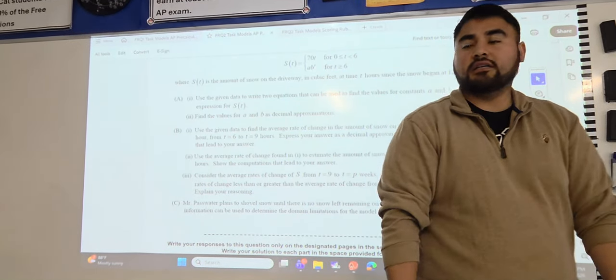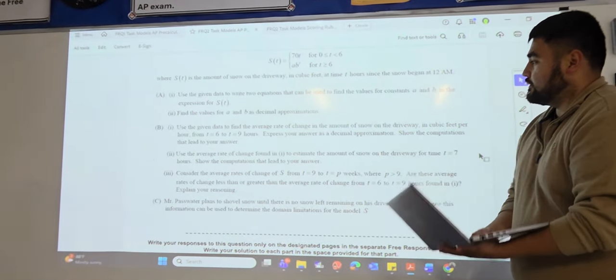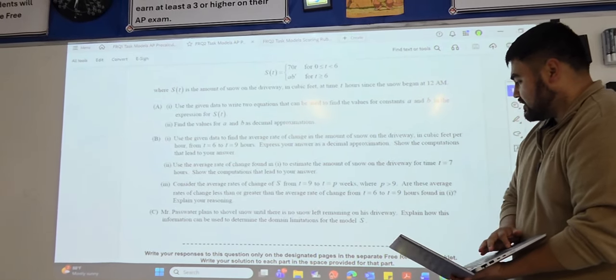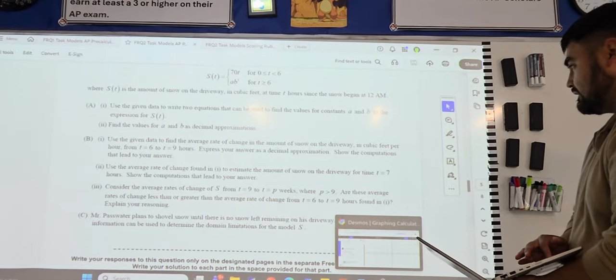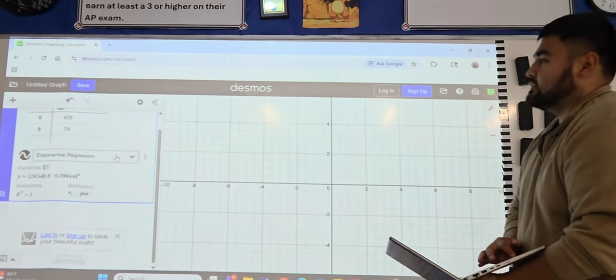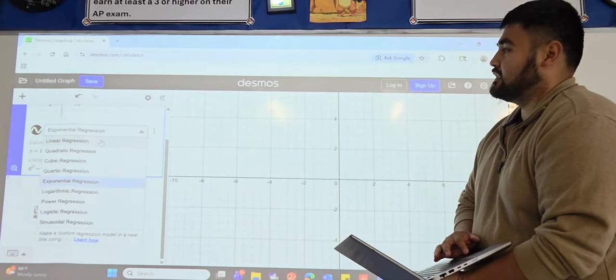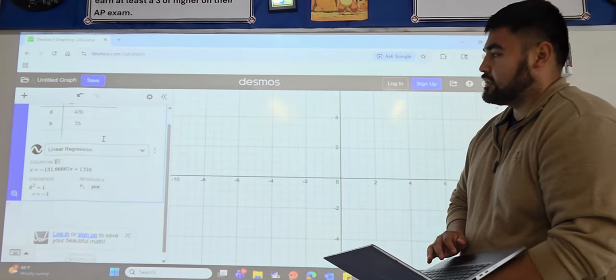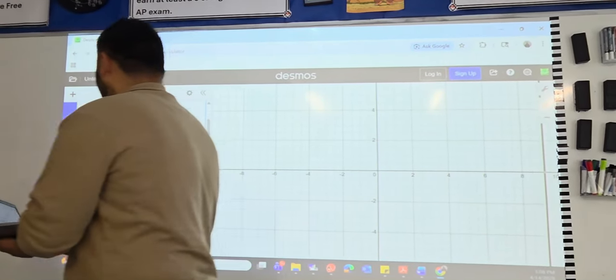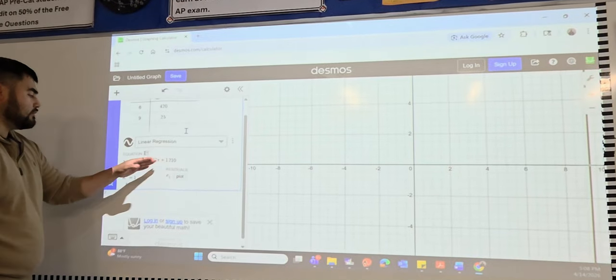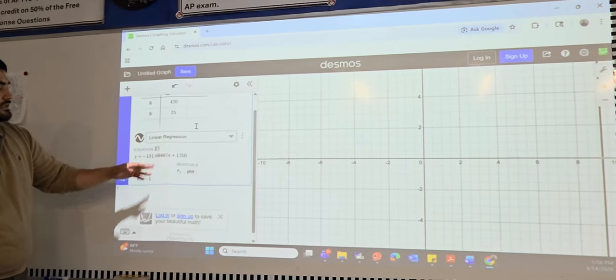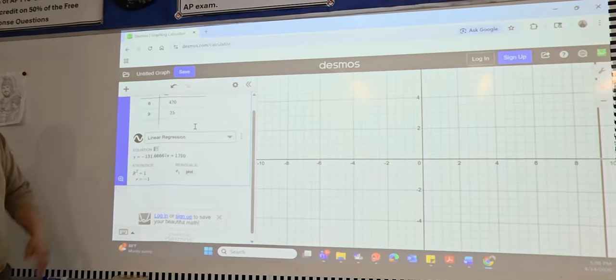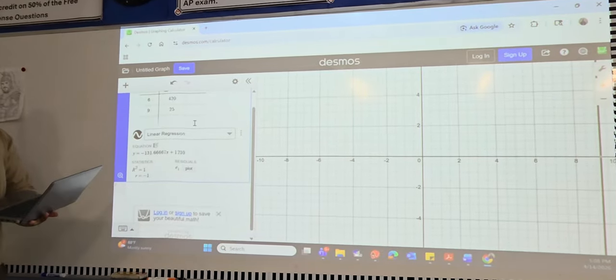So I have to go back to the decimals and switch my regression to linear. I'm going to switch from exponential to linear. So there it is. My slope, based on this equation, should be negative 131.66667, without the x, no x involved.